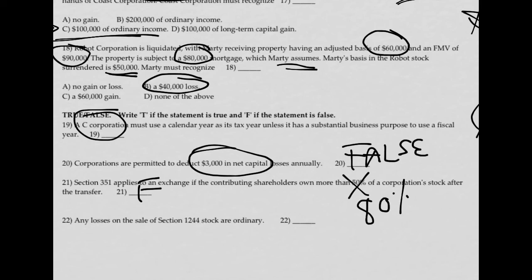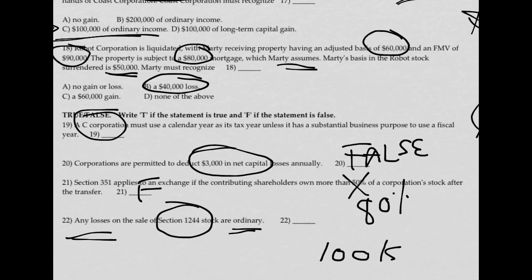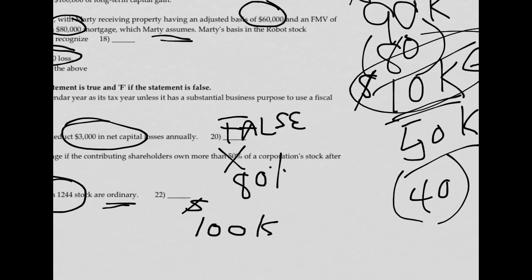You're all wonderful students. But this one said any losses on the sale of Section 1244 stock are ordinary. It's true. Losses on the sale of Section 1244 stock are ordinary, but it's up to a limit. It's up to the limit of $100,000 for joint taxpayers or $50,000 for single individuals.